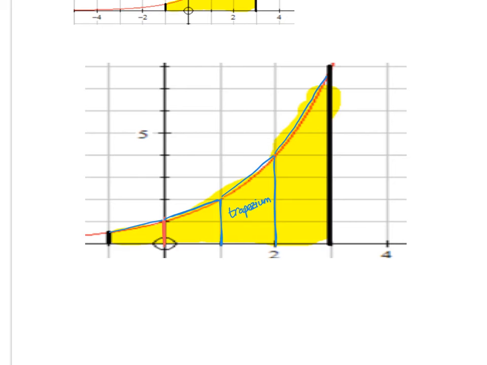If we work out the area of that trapezium, because we can get the y coordinate here and here for when x equals 1 and x equals 2, then I can work out the area of the trapezium, for which you know the formula from GCSE.